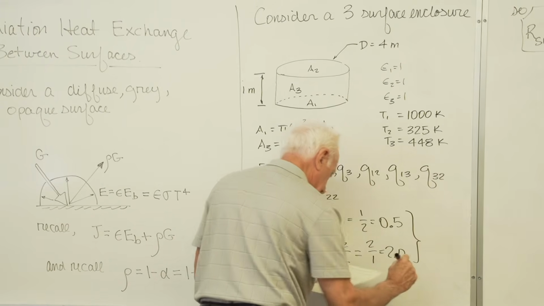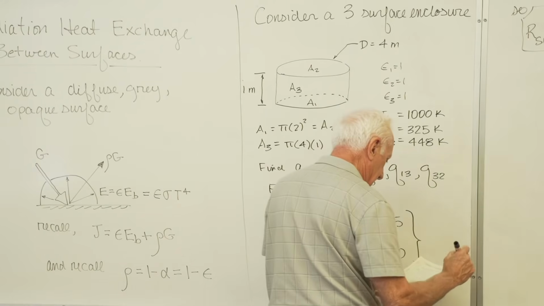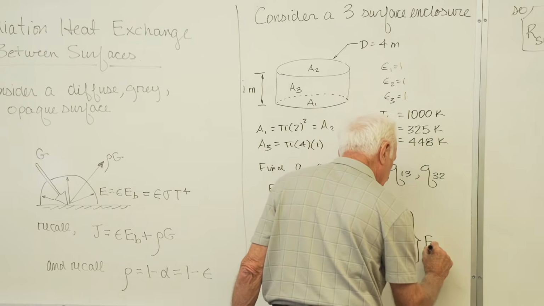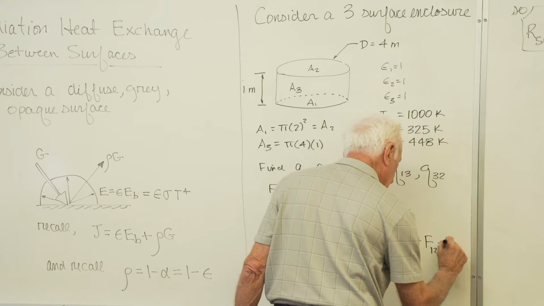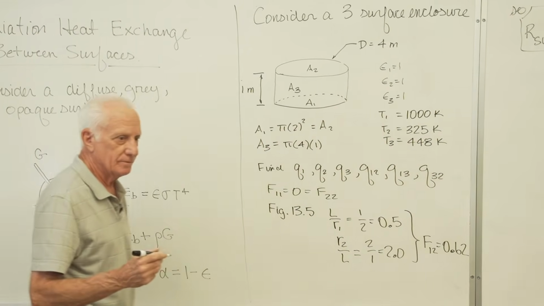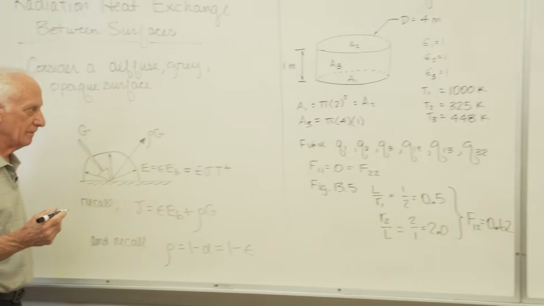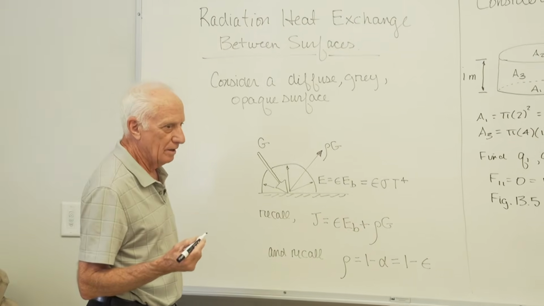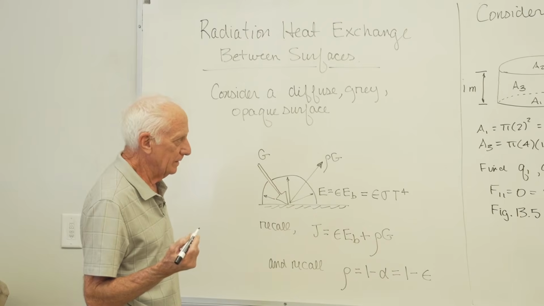Go to the table and get F1, or go to the graph and get F12, 0.62. Or use the equation, your choice. Go to the graph, figure 13.5, or use the equation in table 13.2.